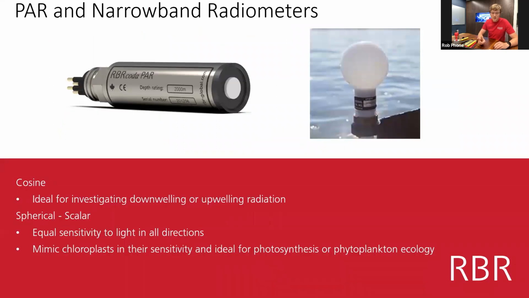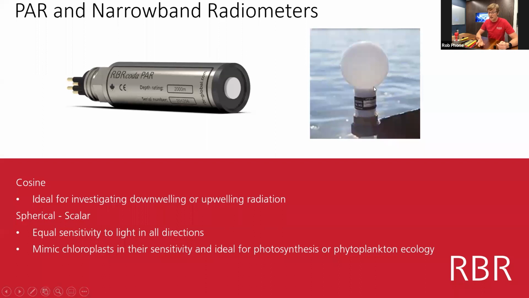There are two primary constructions for a PAR radiometer. One is called a cosine, such as the RBR Coda PAR and RAD. This is designed primarily for directional measurement and is used for measuring upwelling or downwelling radiation. Another construction is spherical, which I have here on the right.